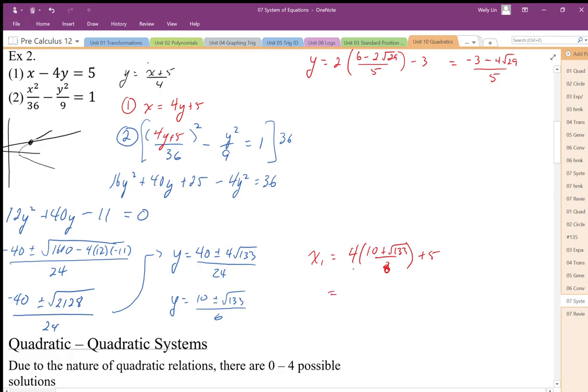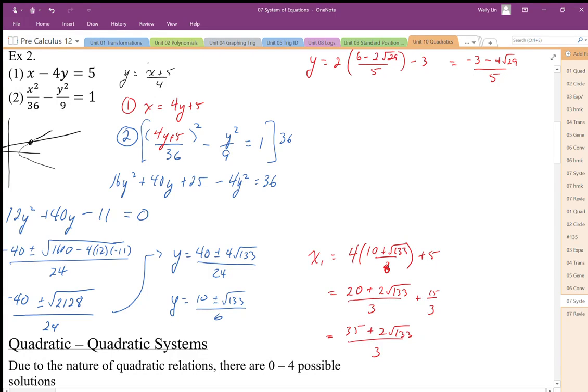So that simplifies to 20 plus 2 root 133 over 3, and I'll write the 5 as 15 over 3. So that works out to 35 plus 2 root 133 over 3.